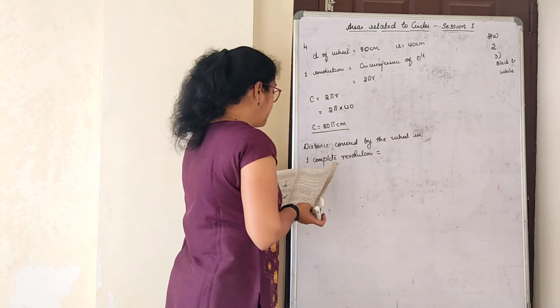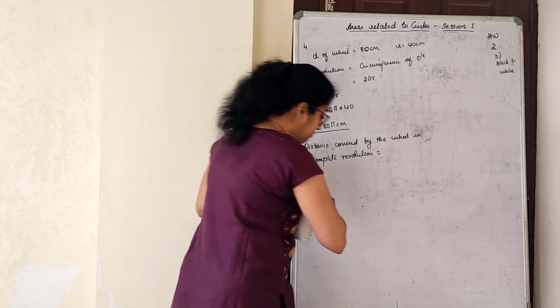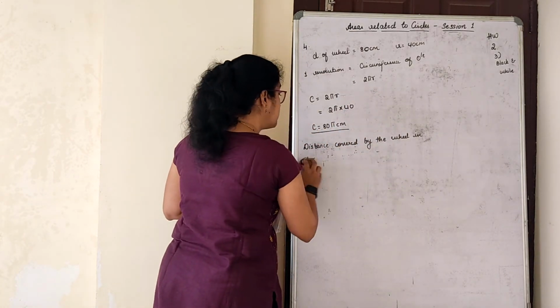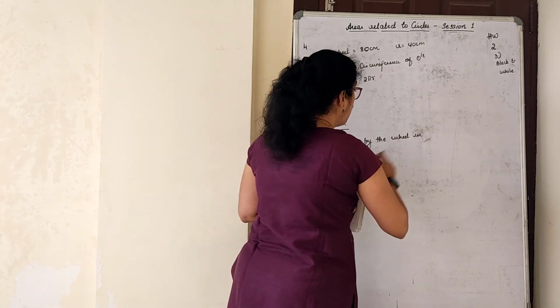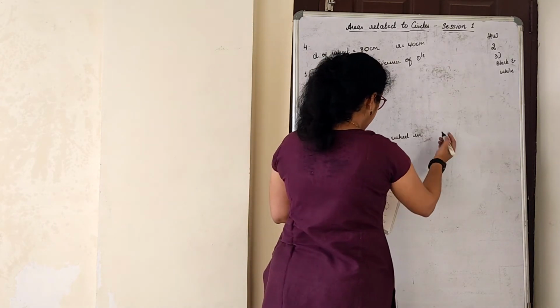But for that distance covered by the wheel, before one revolution, what we will do is find the distance covered by the wheel in 1 minute. Let us just check.